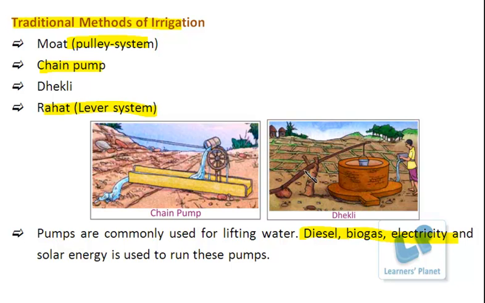So these pictures are showing the old models of the irrigation. Of course, the drawbacks are present. The effort is more in such system, and the output is also limited. So to improve this thing, nowadays the modern methods are used, and let us see what they are.